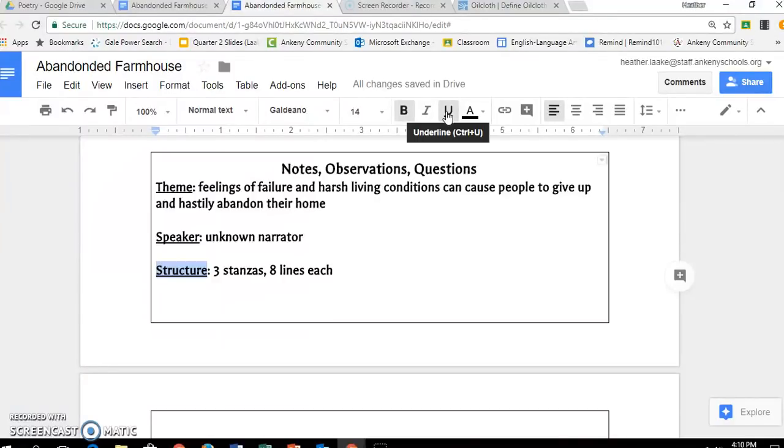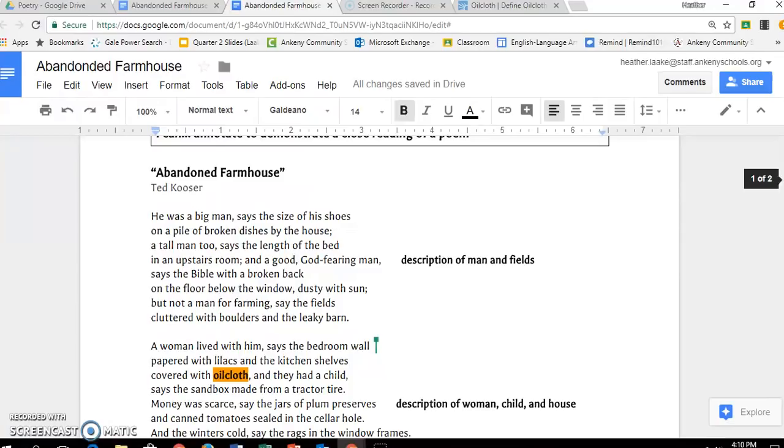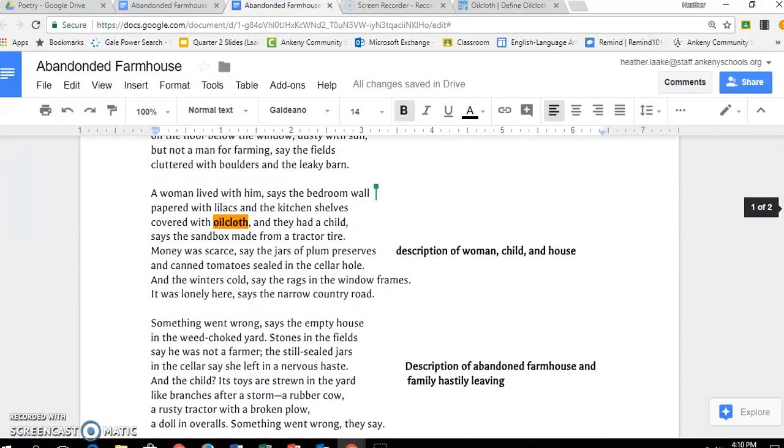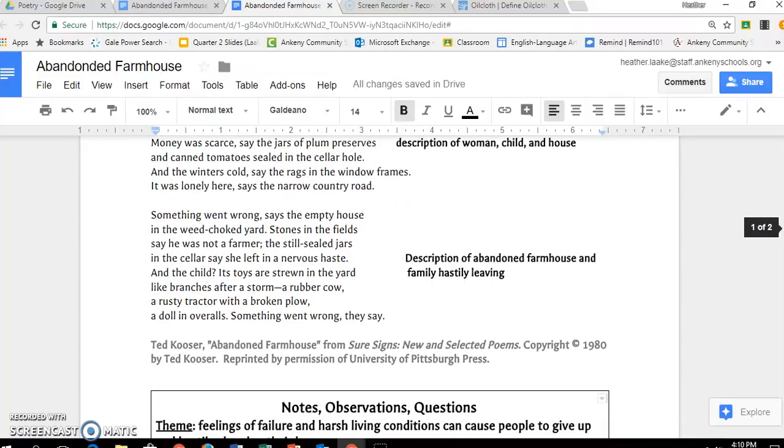Okay, and there's a question, how are the stanzas and sections related? So in this poem, the first stanza describes the man or the farmer and his fields. The second stanza describes the woman, child, and house. And the third stanza describes how the family abandoned the farmhouse quickly.